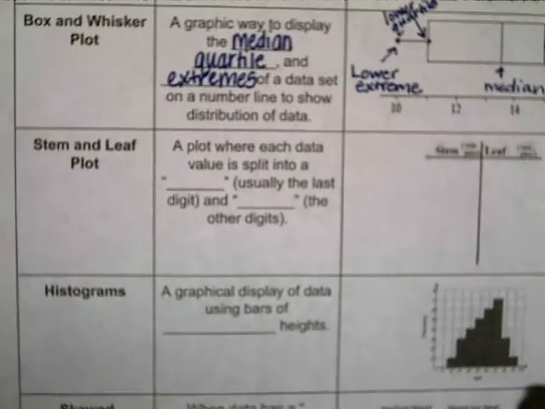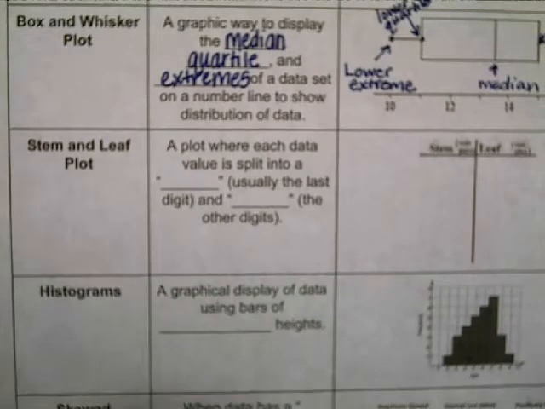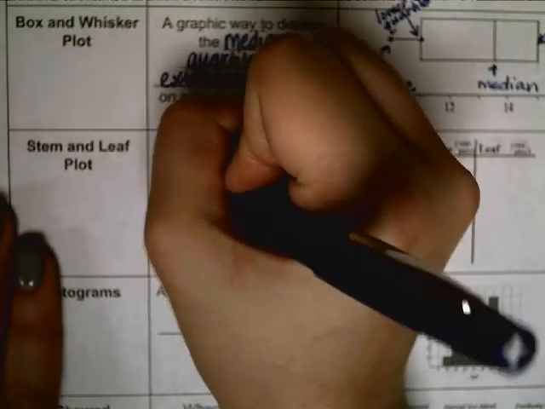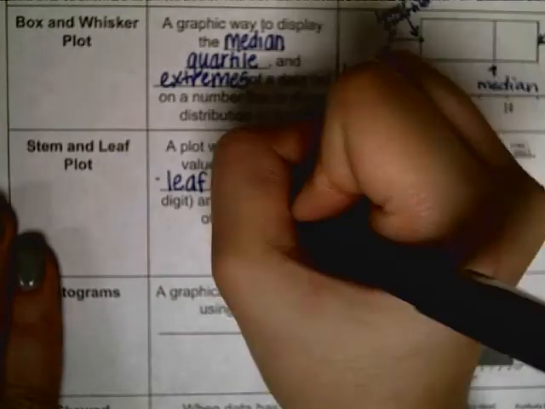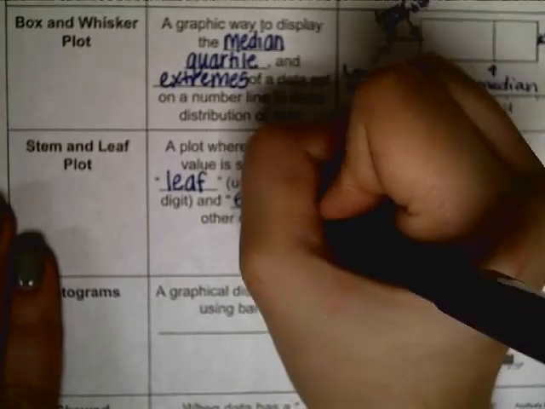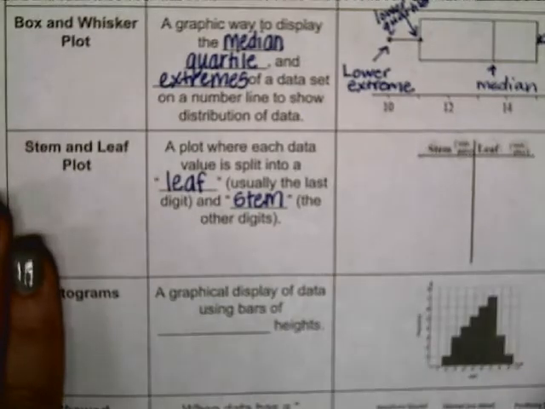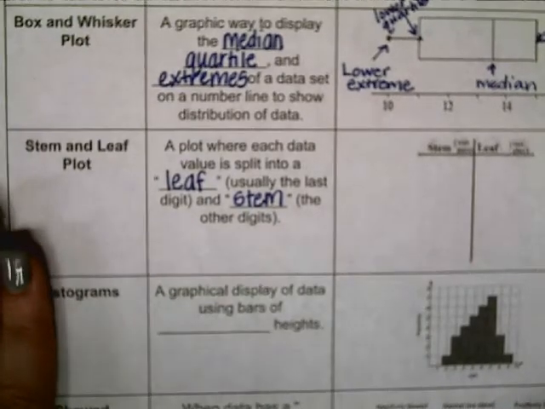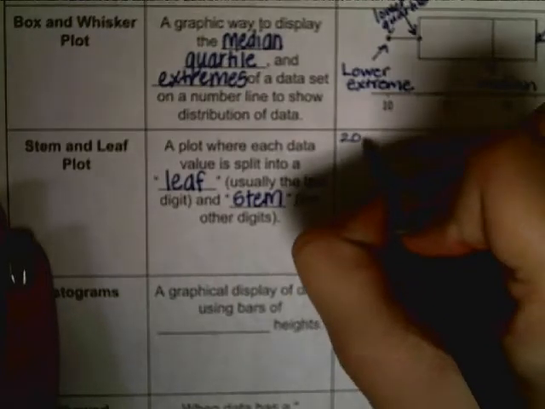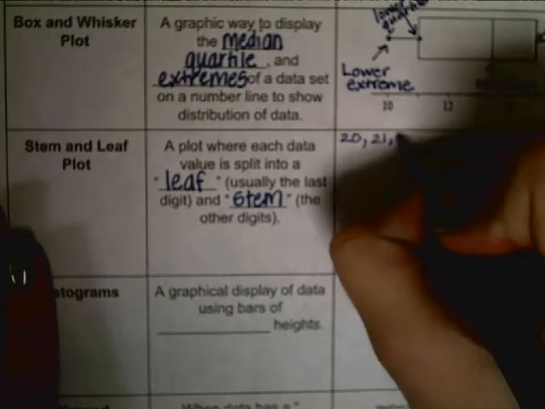Stem and leaf plot. A plot where each data value is split into a leaf and a stem. So it just breaks up your numbers. If you had the numbers 20, 21, 29, 31, 32, 43, and 56.